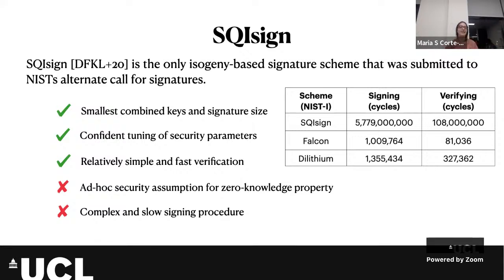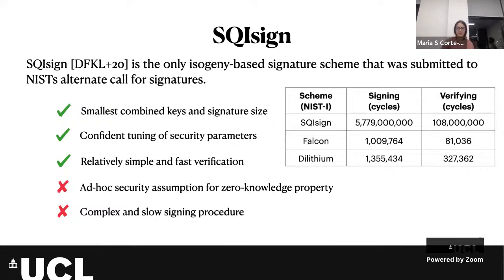By complex, I mean that the original SQIsign paper introduced a lot of new mathematics that hadn't been present before, and so it will take a while for people to learn about it and how to implement it securely. And slow is just shown by the numbers on the table, it's orders of magnitude slower.